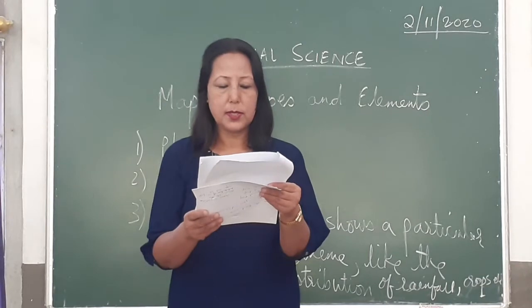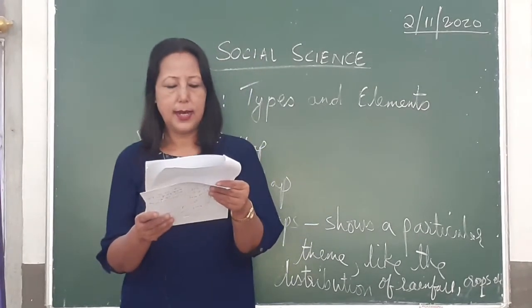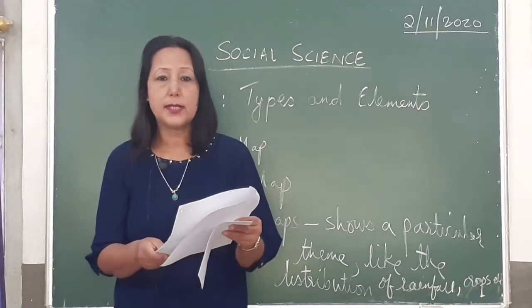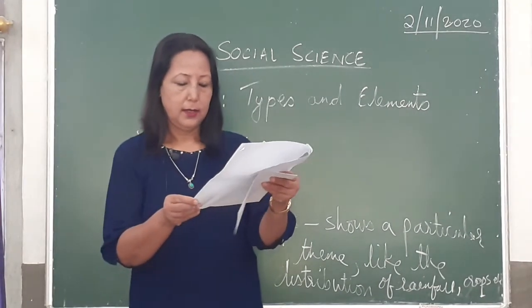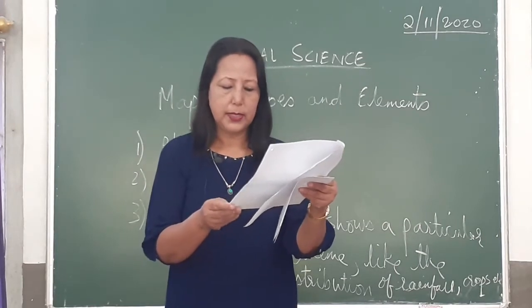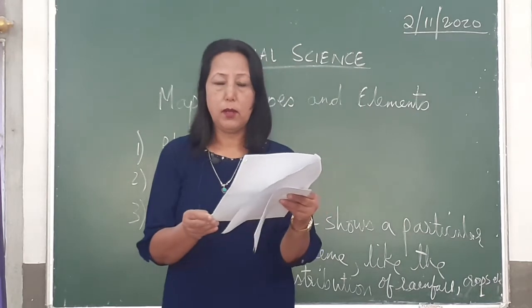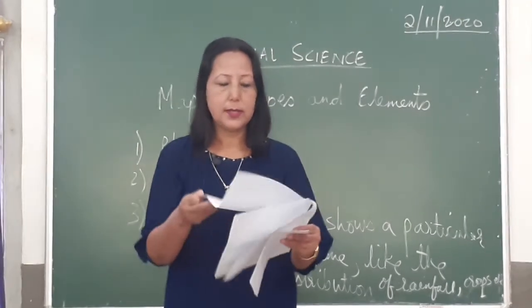A political map shows the boundaries of the continents, countries, states and the location of states. Now the thematic maps. A thematic map shows a particular theme like the distribution of rainfall, crops, soils, etc.